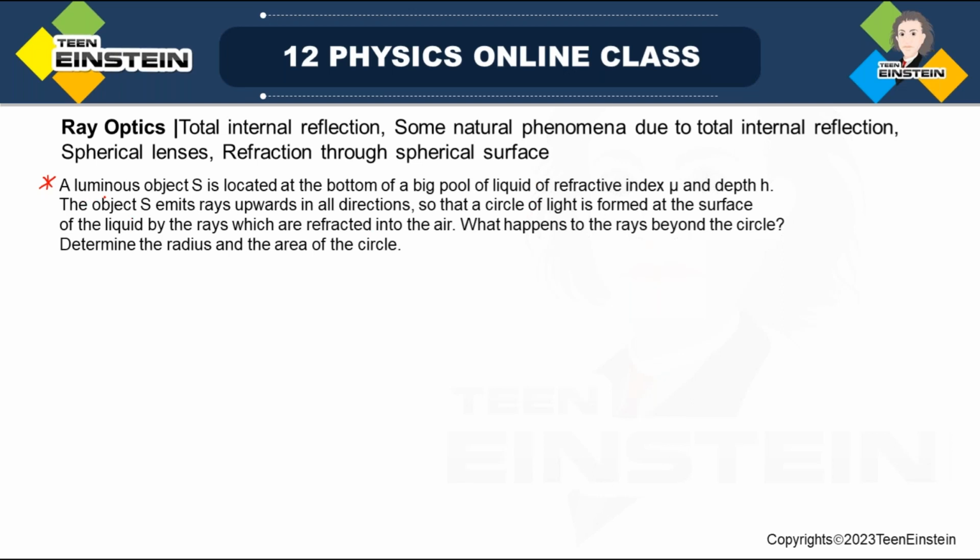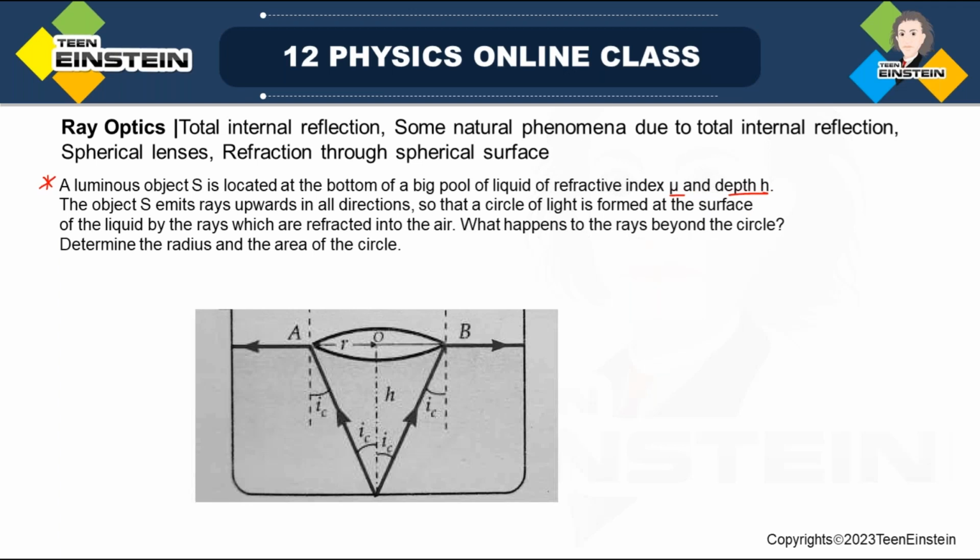If a luminous object is located at the bottom of a big pool of liquid of refractive index mu, and the depth is h, I'll just show you the figure here. Suppose this is a big pool, and at this particular position there is a luminous object which can produce light.